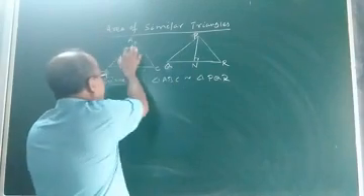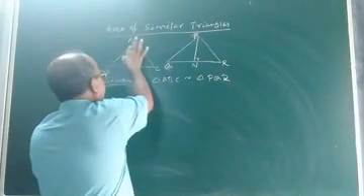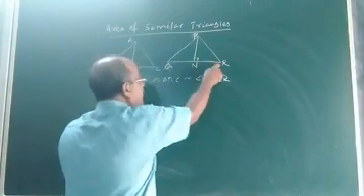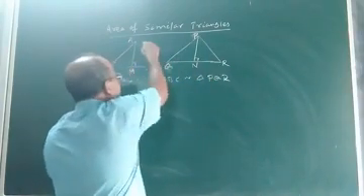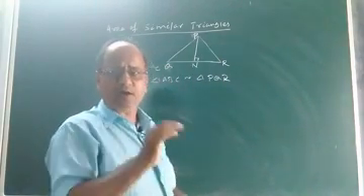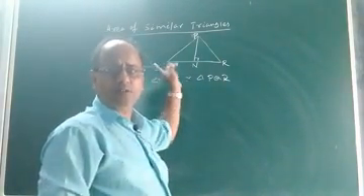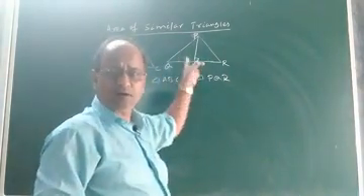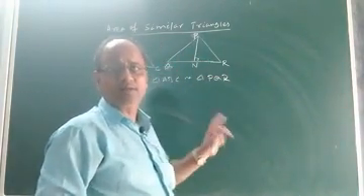If ABC and PQR are similar, then AB and PQ will be one pair of corresponding sides. BC and QR is another pair of corresponding sides. Similarly, AC and PR will form another pair of corresponding sides.